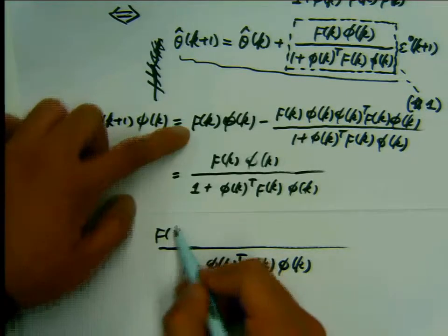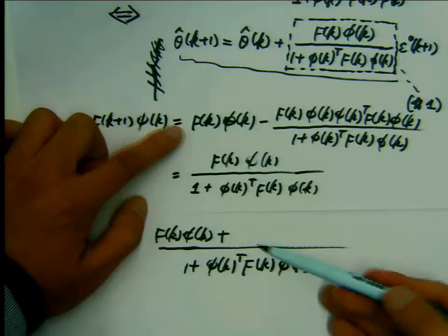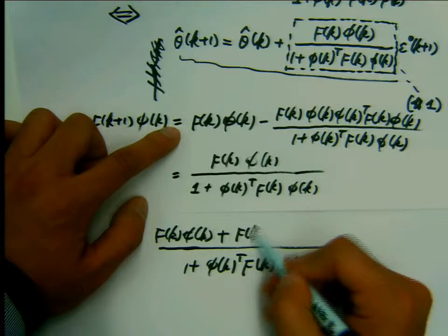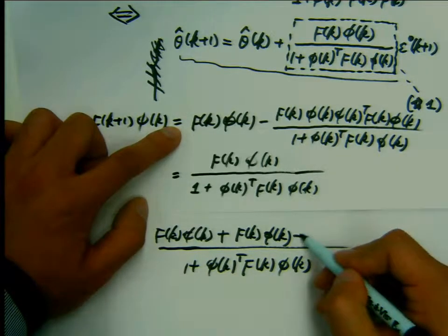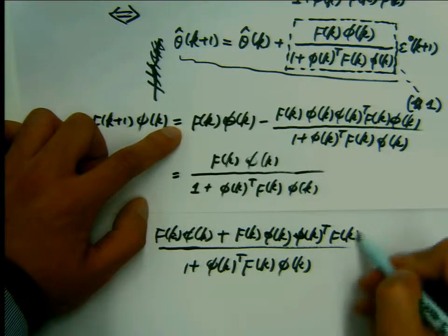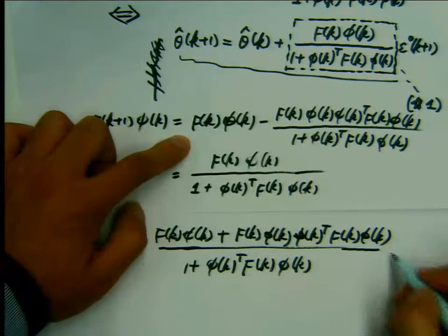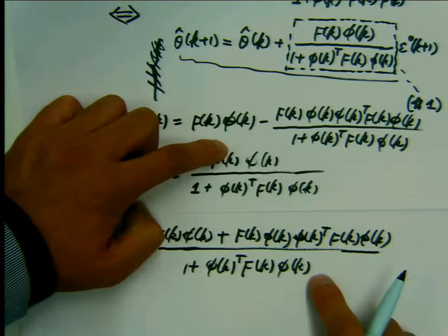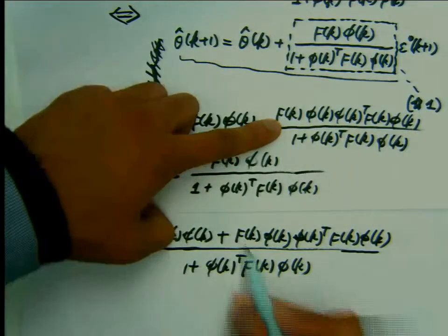On the top, it's going to be Fk phi k plus, let's see, which order should I choose? So I think I can choose Fk phi k times this guy, phi k transpose Fk phi k. All right? So this is the first term, and then minus the second term. But this term has the same denominator, and then minus Fk phi k transpose Fk phi k.